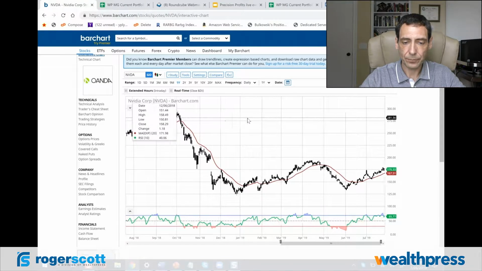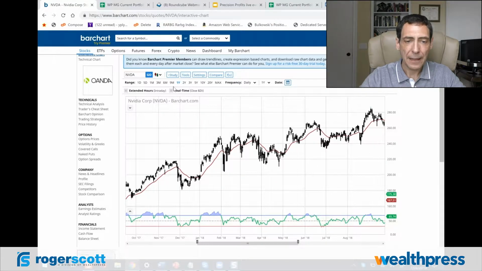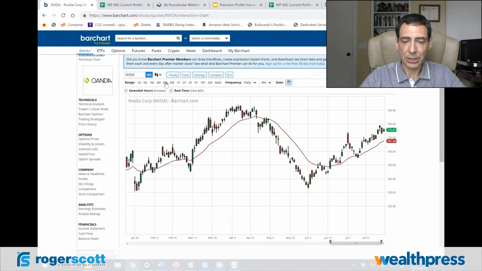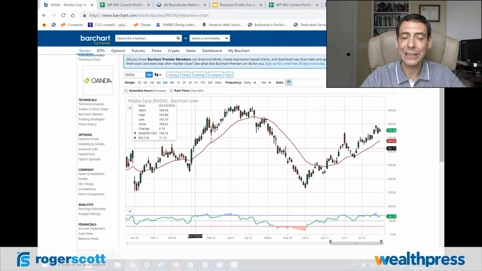So let's look at a strong point in NVIDIA. Let's look at a 6-month chart here. All right, so NVIDIA's trading strongly above the 50-day moving average and the 20-day exponential moving average, right? It pulls down. But as it's pulling down, you can see here price is just becoming oversold.